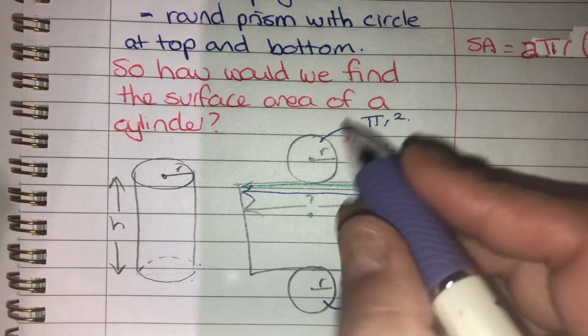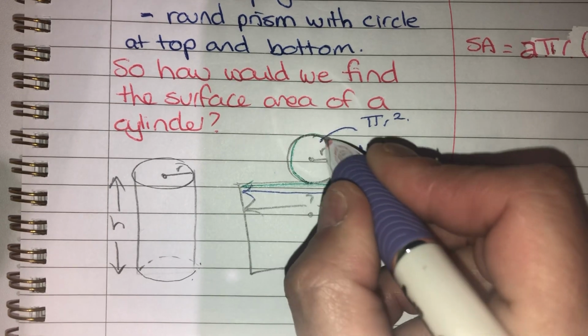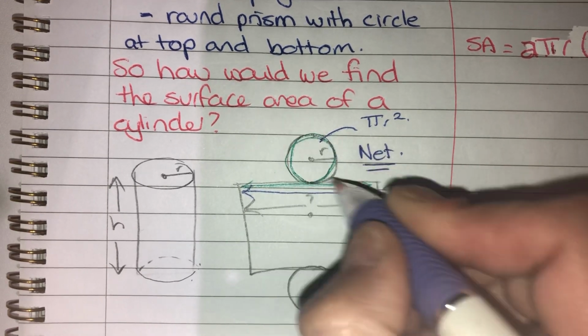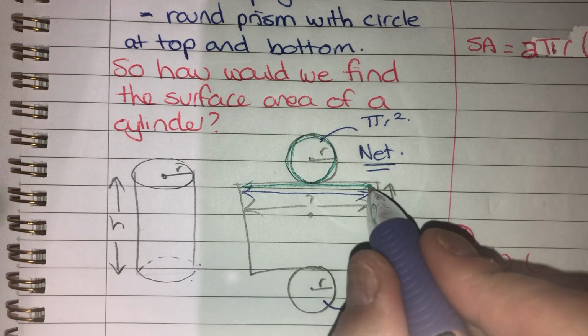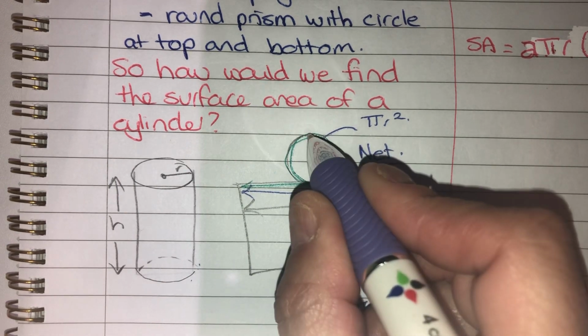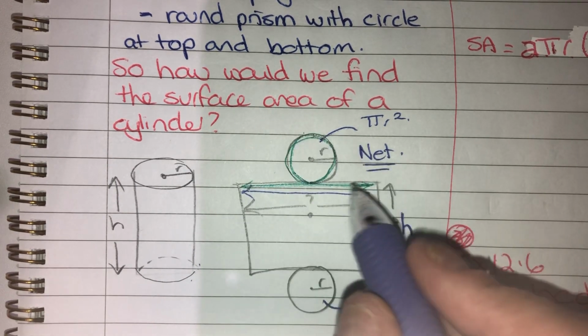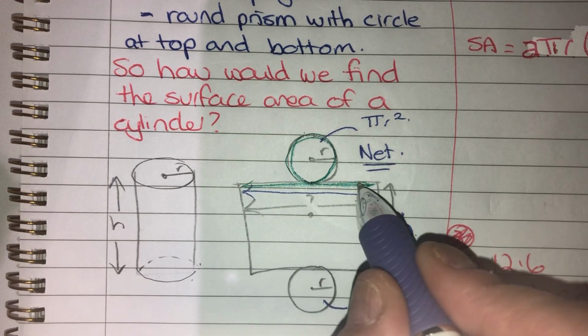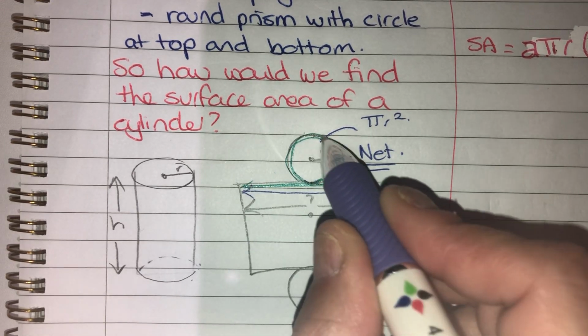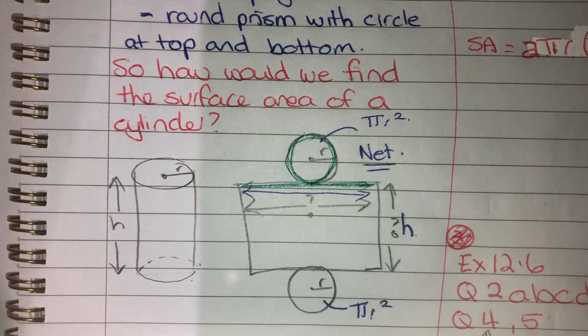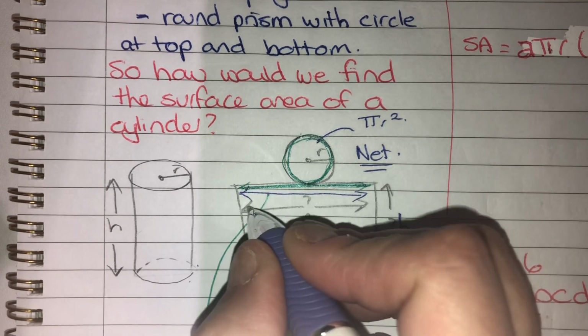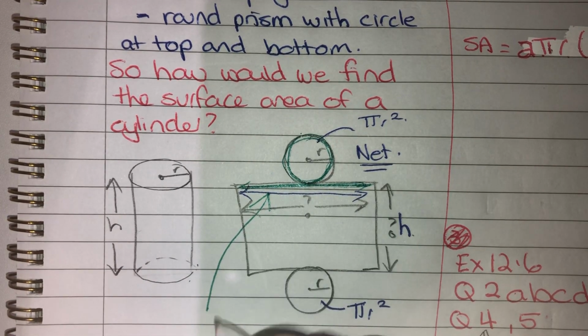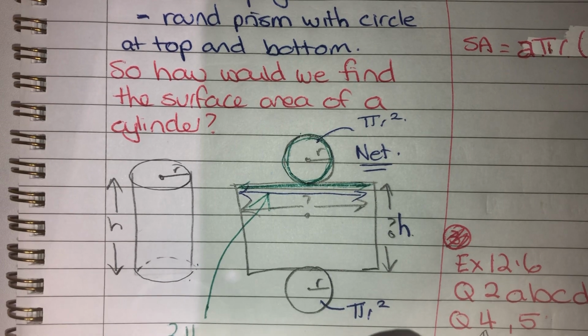All right, this line is going to be the same as this. Because if you were in year 7, you cut it all out and you put it together as a cylinder, this would go all the way around to here and this would go around to here. So this length here is the circumference of a circle. So the green part, we can say, is the same as 2 pi r.